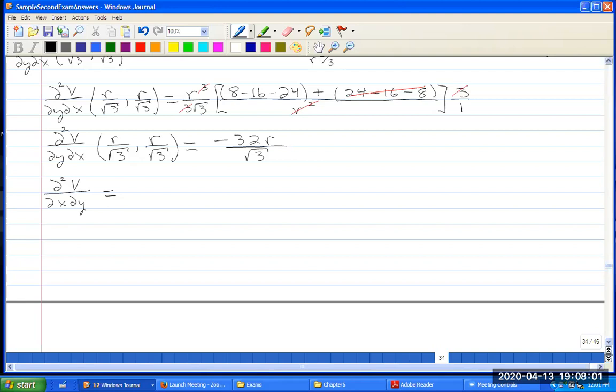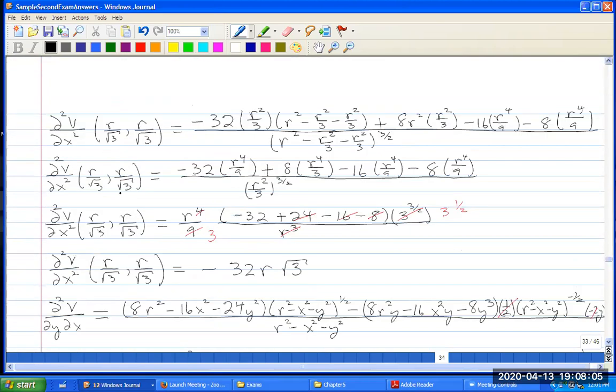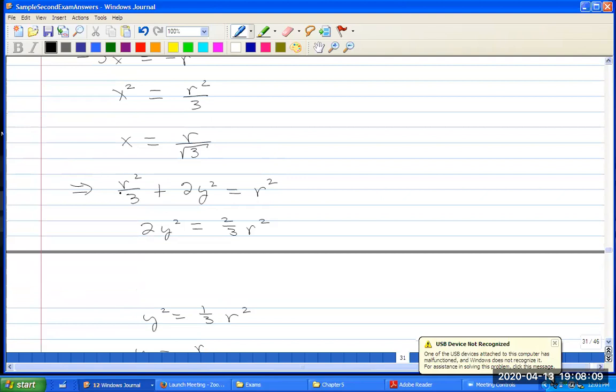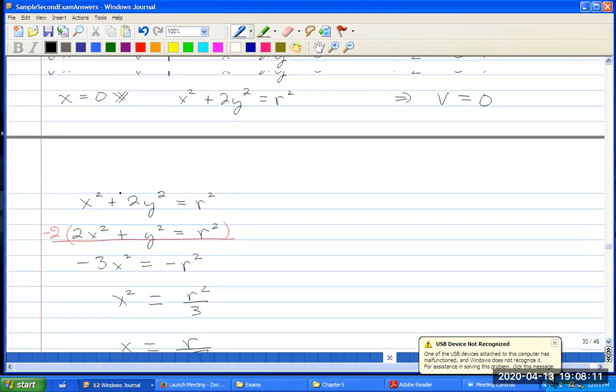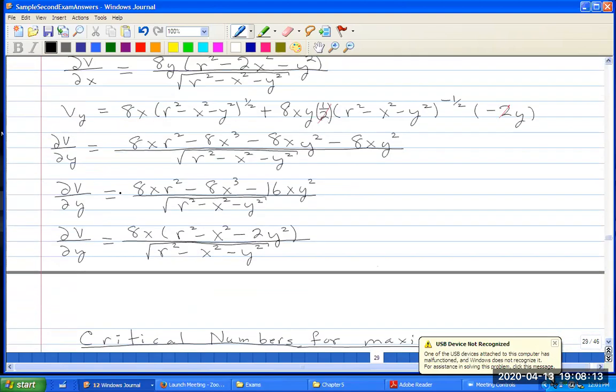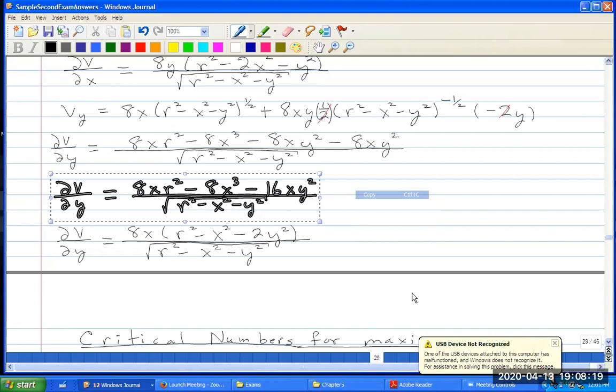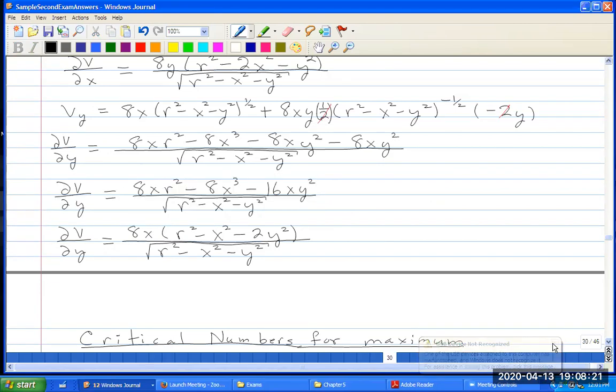So take the partial of y. Let me look at that for 1 second just to be sure that I have it here correctly. Let me copy that.